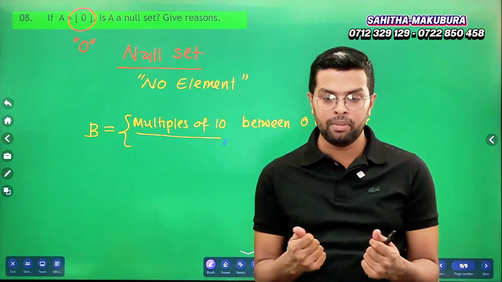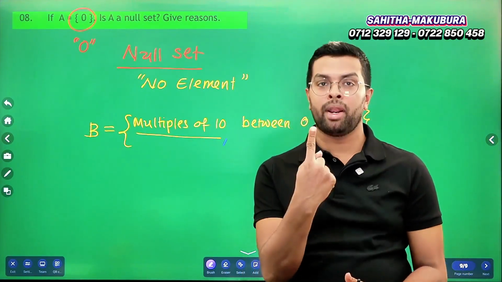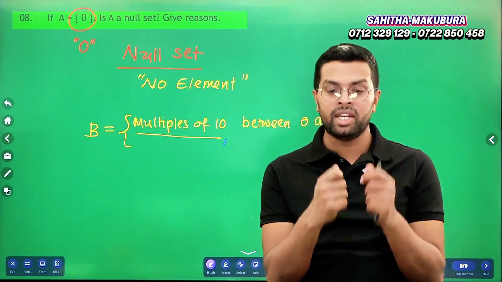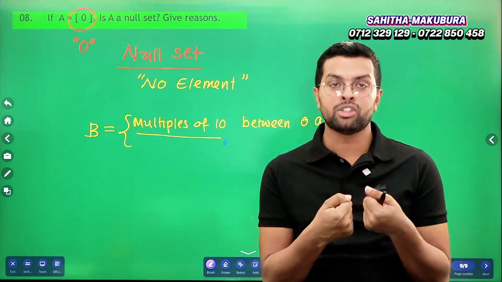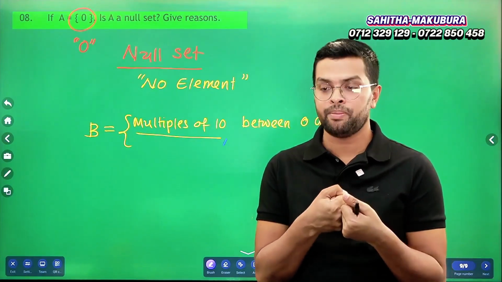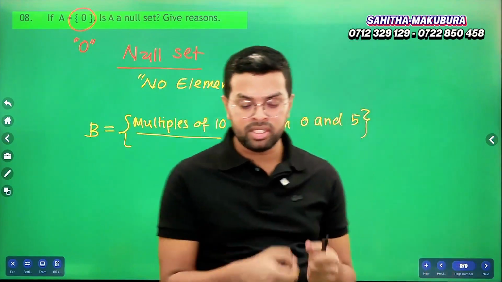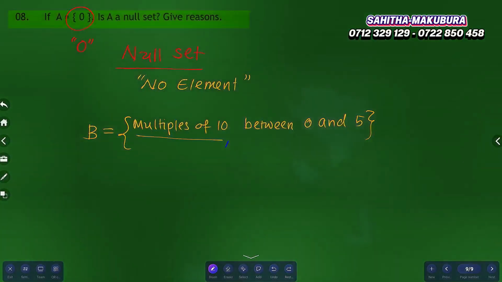Therefore, this set is having an element, so this is not a null set. Can we consider this as a null set? No, because this set has one element, therefore this given set is not a null set.